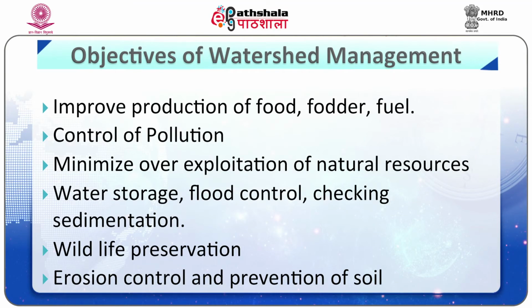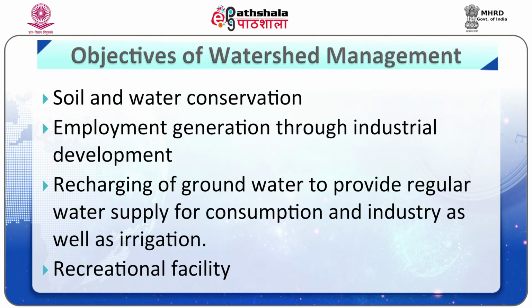Now, objectives of watershed management. It improves production of food and fuel, control of pollution, minimizes over exploitation of natural resources, water storage, flood control, checking sedimentation, wildlife preservation, erosion control and prevention, soil and water conservation, employment generation through industrial development, recharging of groundwater to provide regular water supply for consumption and industries as well as irrigation, and recreational facilities.